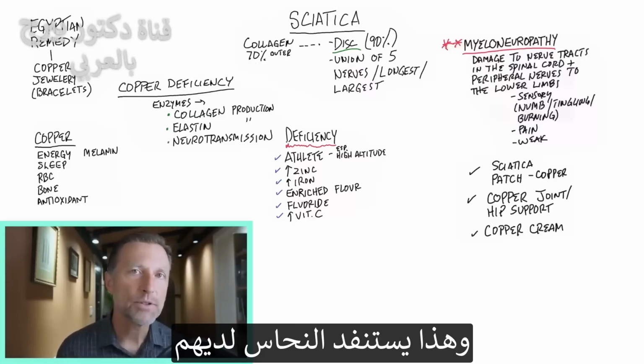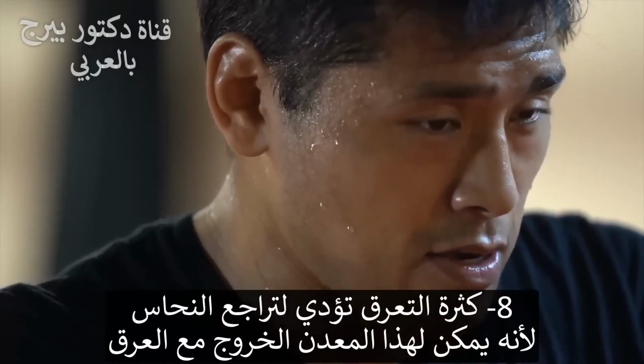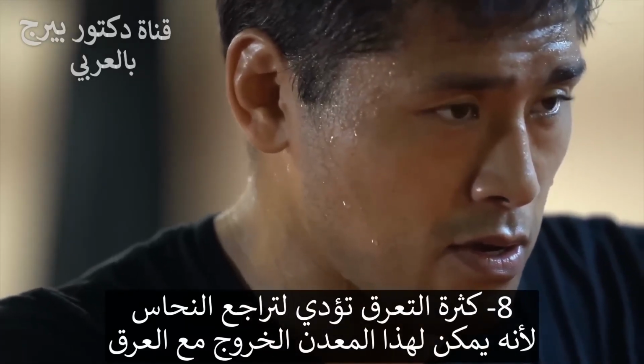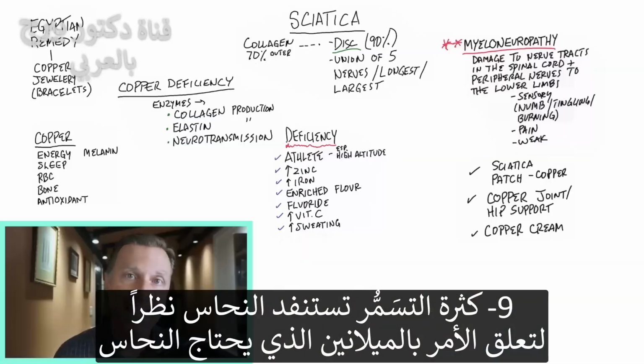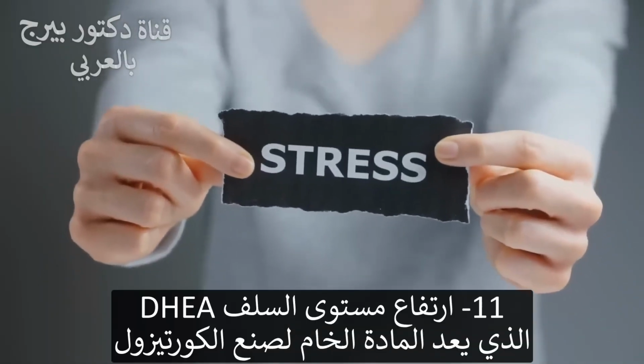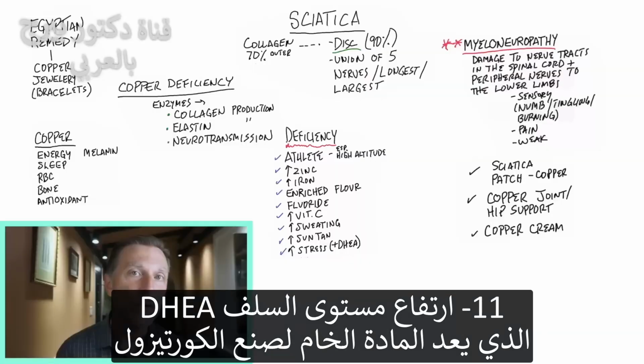That's going to deplete your copper as well. A lot of sweating can deplete your copper because copper can come out through the sweat. Too much sun tanning can actually deplete your copper because of the connection with melanin. Melanin requires copper. And then you also have stress and even too much of the precursor DHEA, which actually is the raw material to make cortisol.